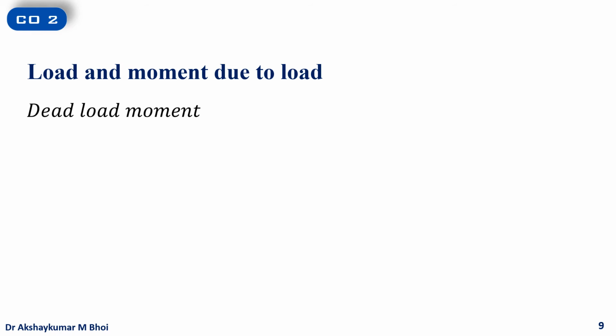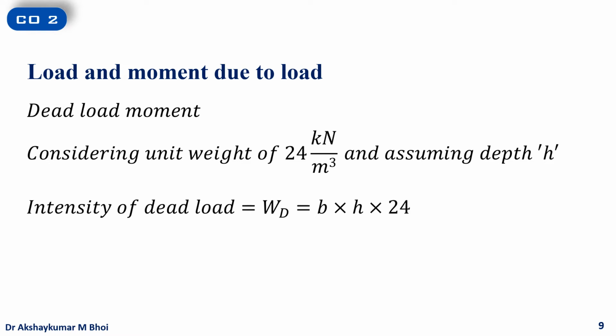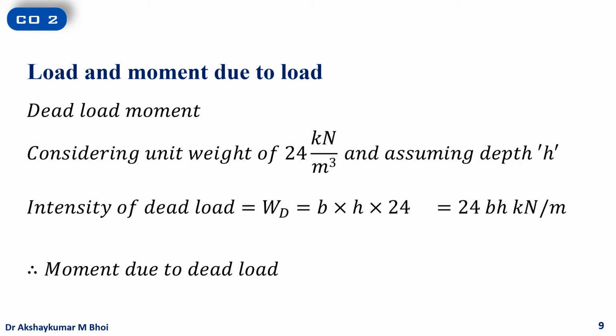Let's calculate dead load moment. Now considering the unit weight of 24 kilonewton per meter cube and assuming the depth of the section as h, the intensity of dead load WD is equal to the area of cross section into density, which becomes 24 BH kilonewton per meter.